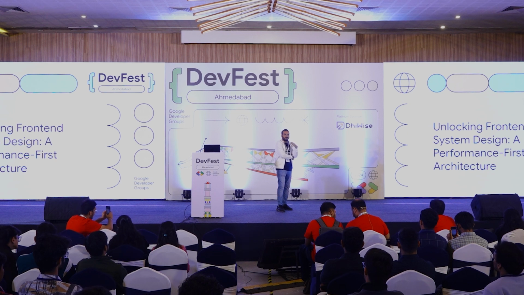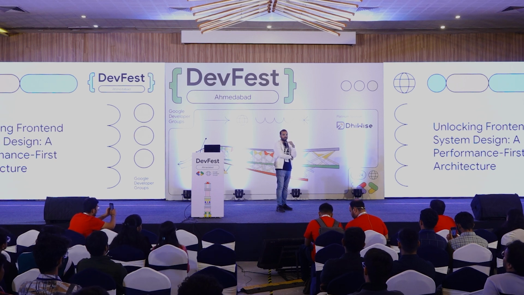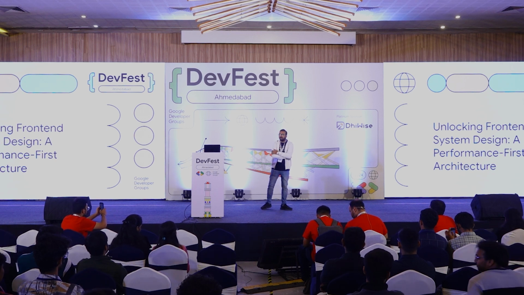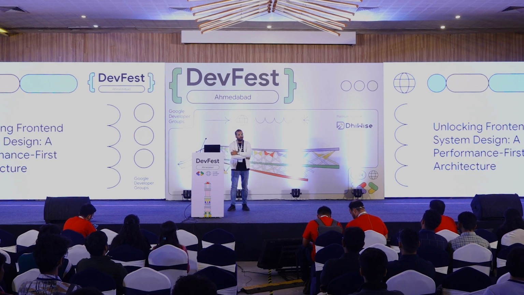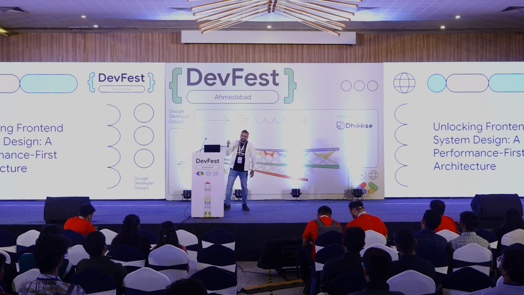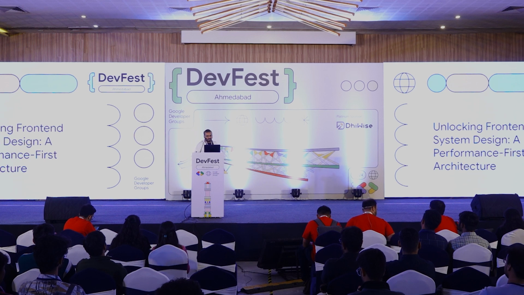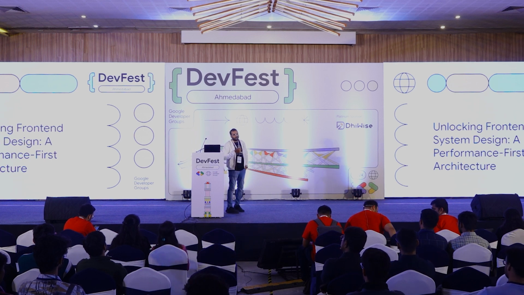Reason being, there were very plain HTML, CSS, and JavaScript. And they were really made to show some data on the UI so that people know what is going on, right? So that's a very vague explanation of my talk.